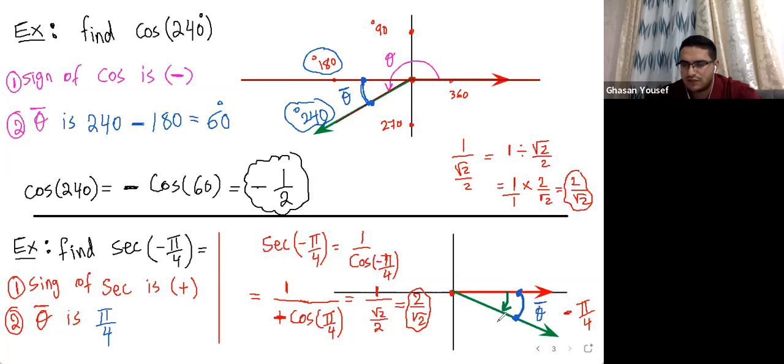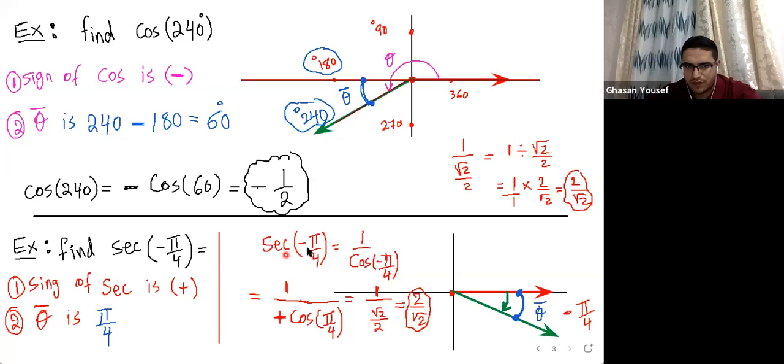The acute angle is the distance from this point to this point. So I know from here to here, it's minus pi over 4. So the acute angle here must be pi over 4, the absolute value of this.